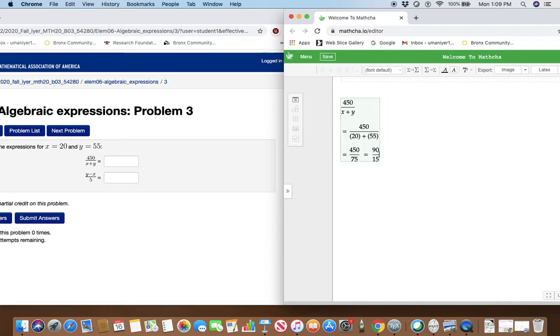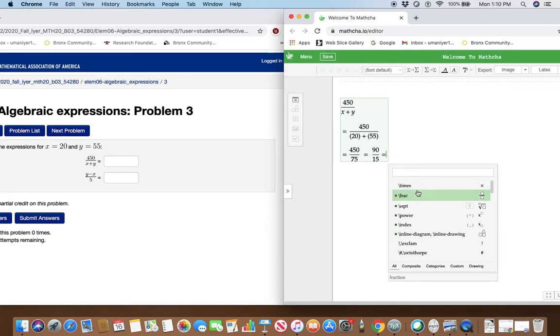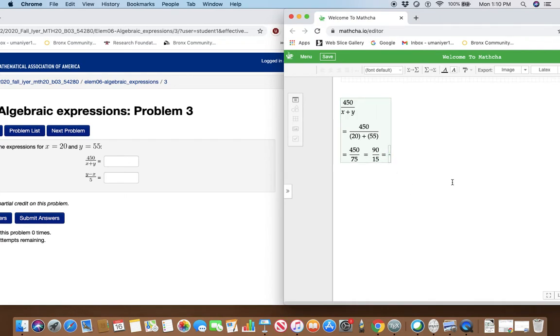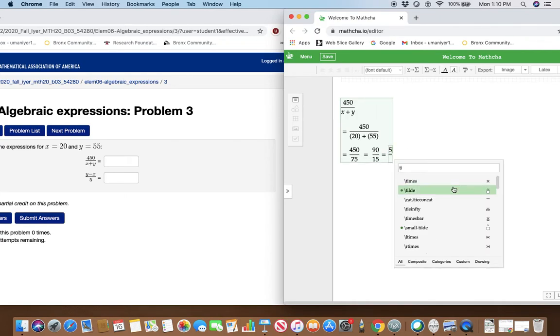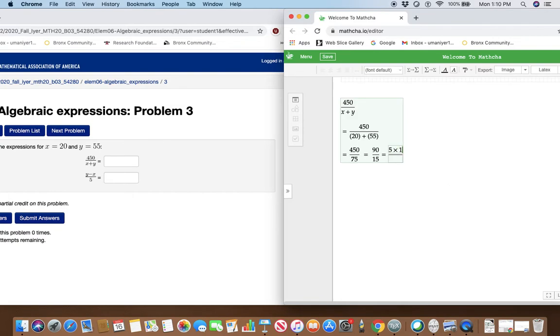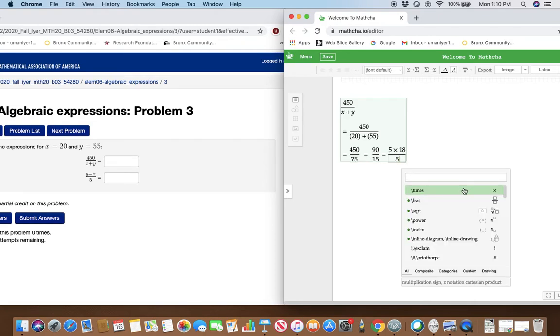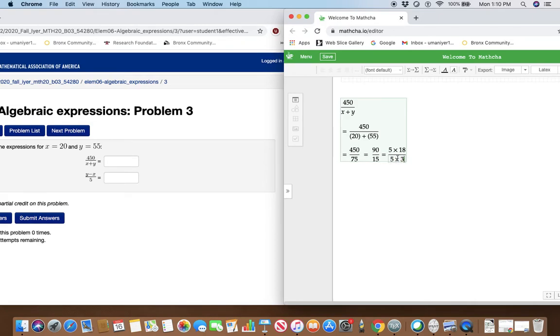Well, this continues to have a common factor of 5 again. 5 times 18 over 5 times 3. That's fantastic. 5 goes in both. 18 over 3, that is a 6.